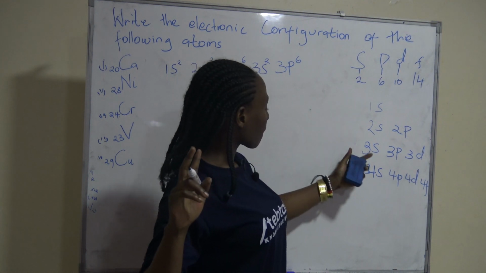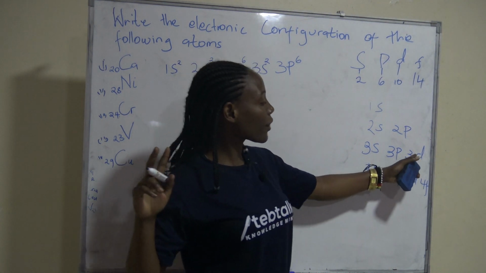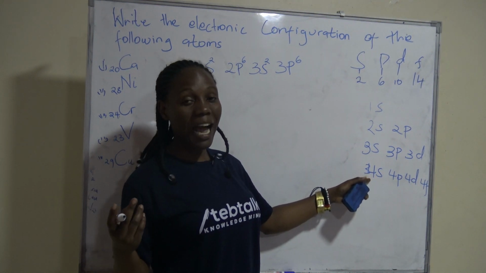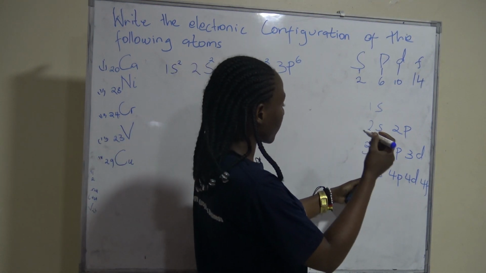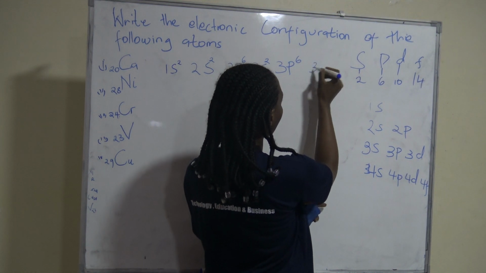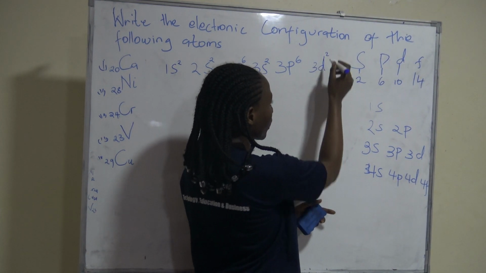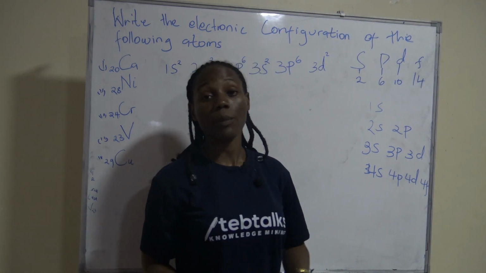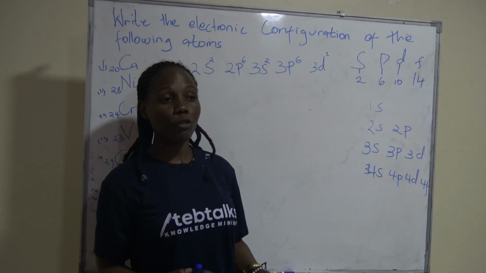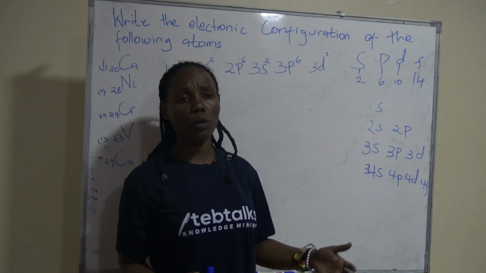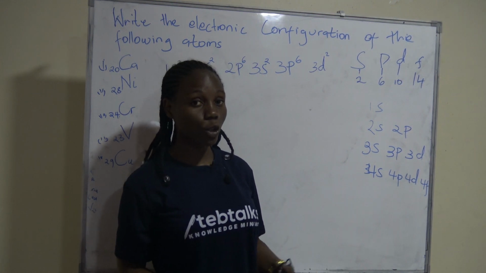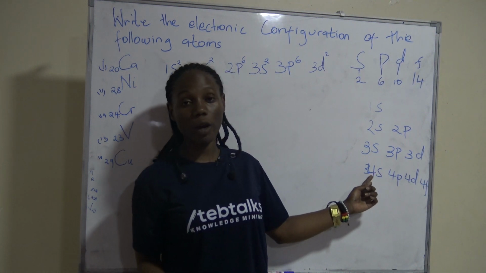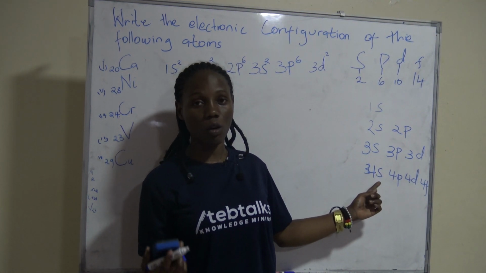And we have the 3d and the 4s. From Aufbau's, the real filling would be that we go to 3d with 2 electrons. But from the third rule of Aufbau's rule of filling in the electronic configuration, we saw that between the 3d and the 4s there is an overlap.